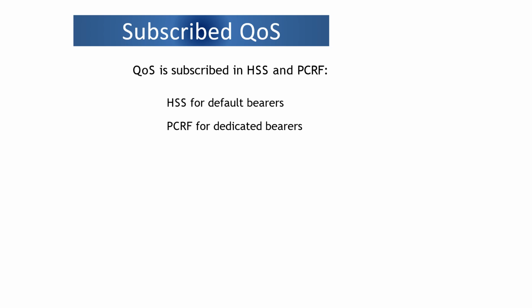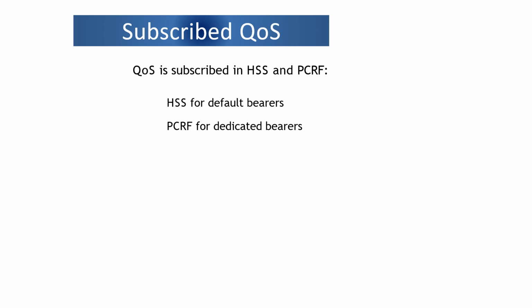In the EPS system, the QoS, quality of service, is subscribed in the HSS and the PCRF, policy charging and rule function. The HSS only contains the subscribed QoS of the default bearer established when the UE attaches to the network. If the QoS of the default bearer cannot meet the requirement of the service, such as voice over IP service, the UE requests to establish a dedicated bearer for the service.